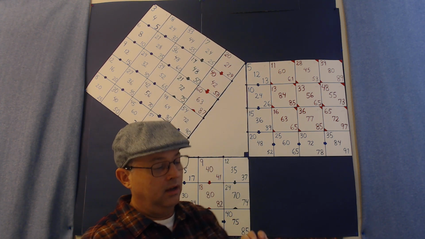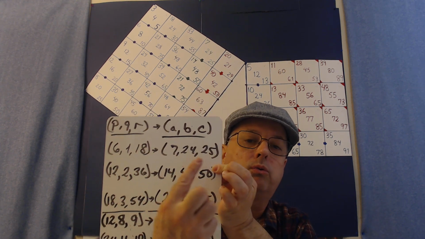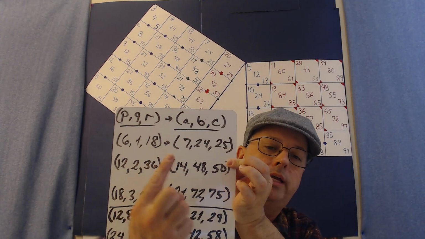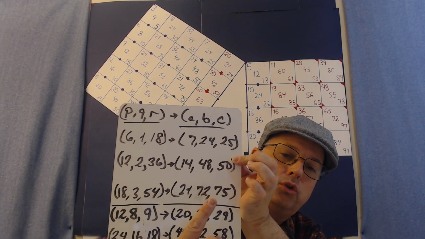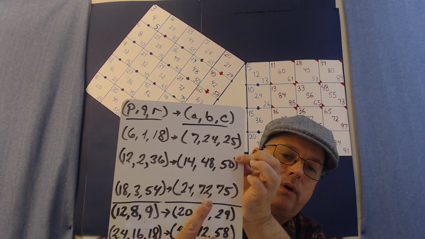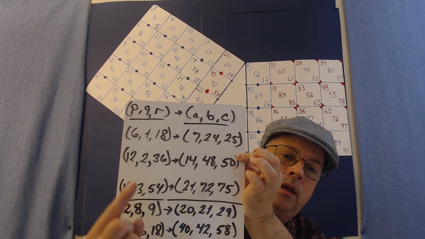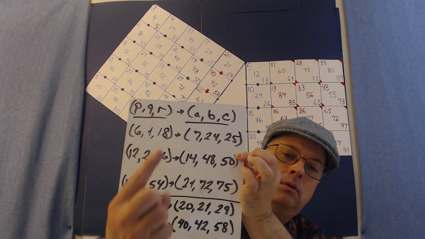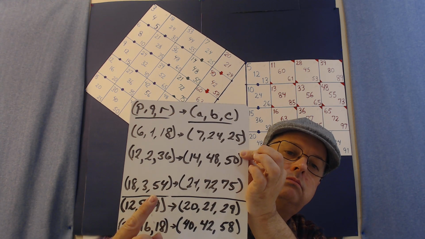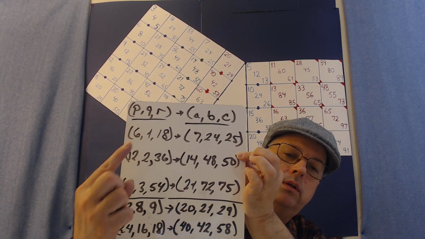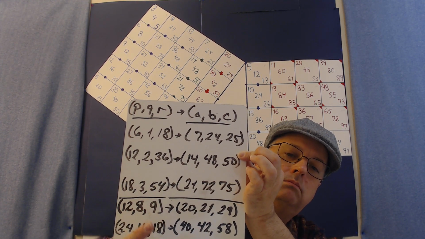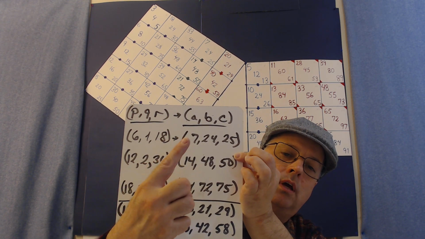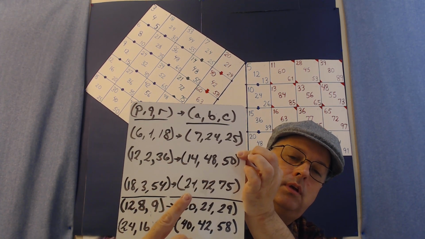And then here are the multiples of 7, 24, 25. And here are the P, Q, and R values. Notice that they're multiples also. 6 times 1, 6 times 2, 6 times 3. 7 times 1, 7 times 2, 7 times 3. See, it's happening. It's all there.